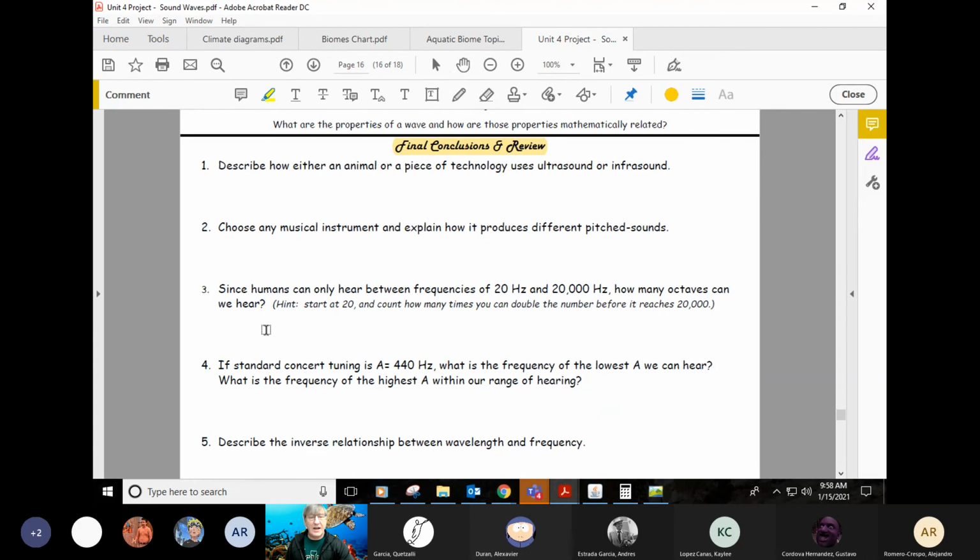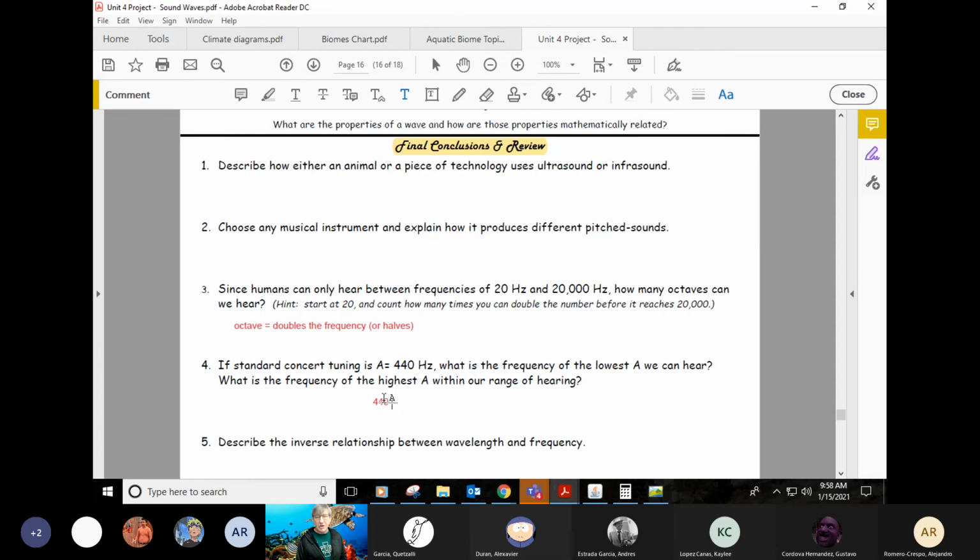These questions 3 and 4 have to do with octaves. And just to, if you want to try to get that extra credit, just to remind you, an octave means it doubles the frequency. So if you go up an octave, it doubles it. If you go down an octave, it halves it. So for example, standard concert tuning is 440 hertz.